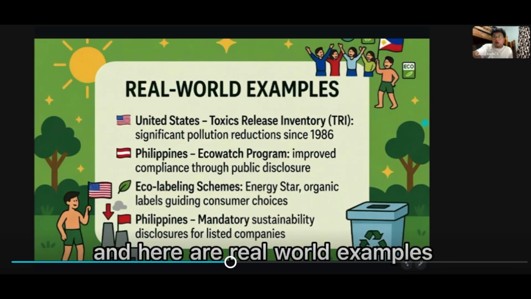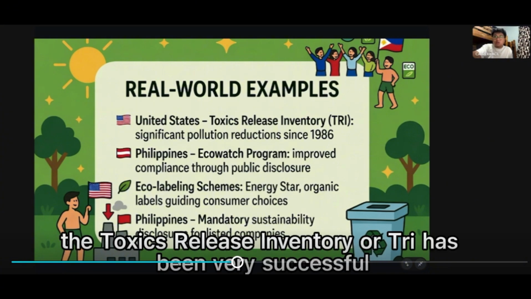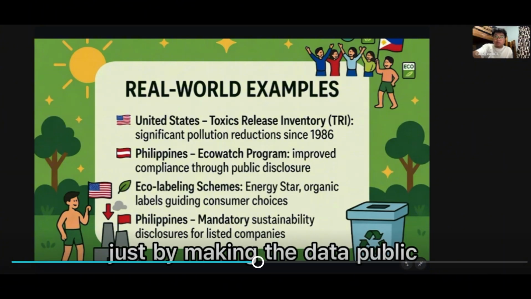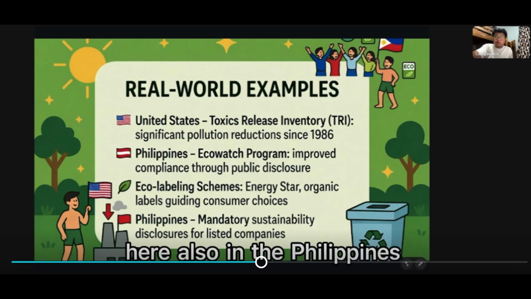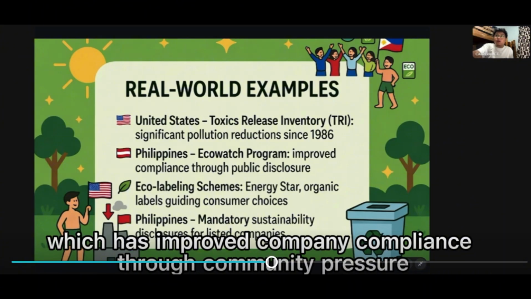And here are real-world examples. In the United States, the Toxics Release Inventory, or TRI, has been very successful since 1986. It has led to big voluntary reductions in toxic pollution just by making the data public. Here also in the Philippines, the EcoWatch program publicly discloses industrial pollution ratings, which has improved company compliance through community pressure.